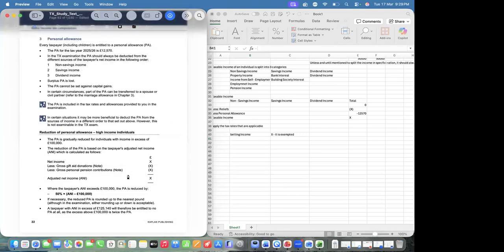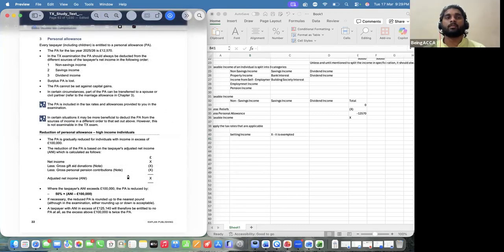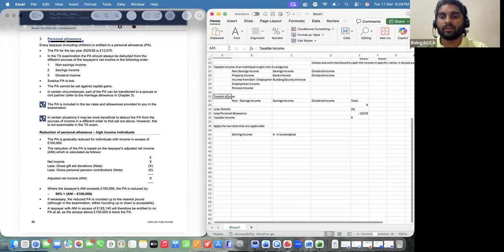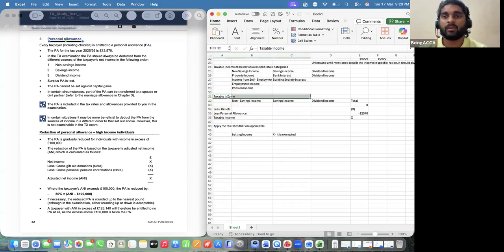Yes. Now let's come to the most important point of personal allowance. Personal allowance is the basic. Once you have understood what the different types of income are, this pro forma that we discussed right now about taxable income forms the entire basis for your income tax.